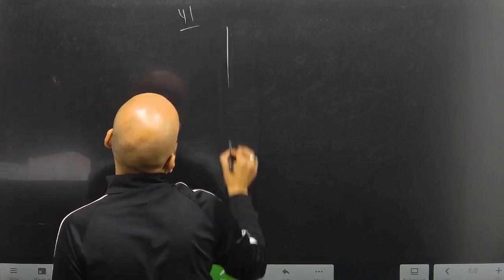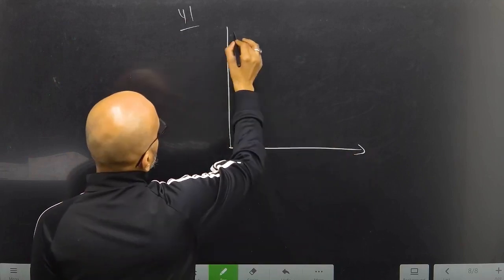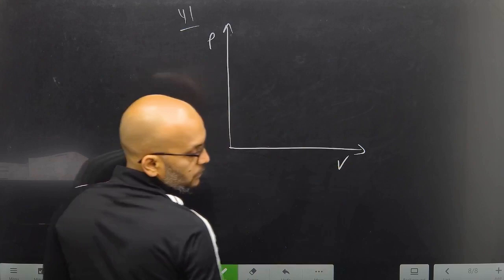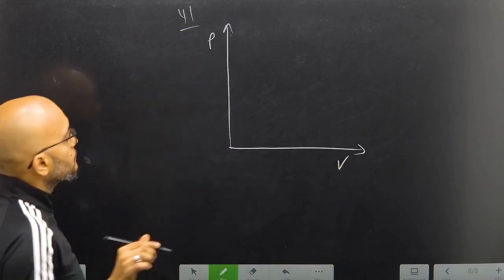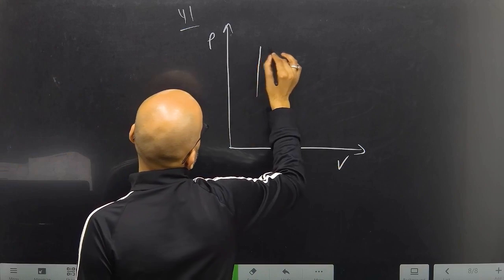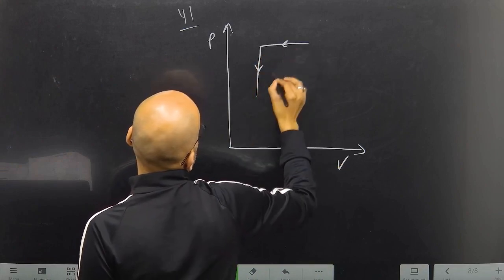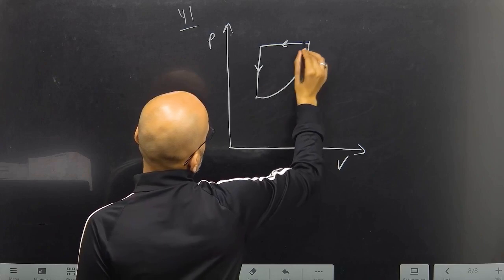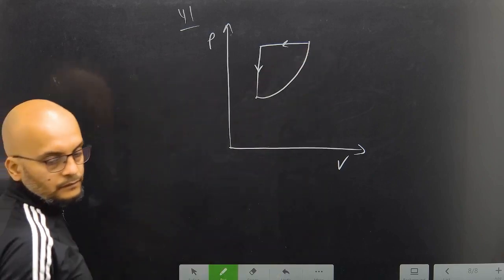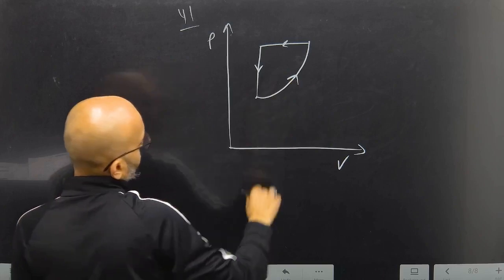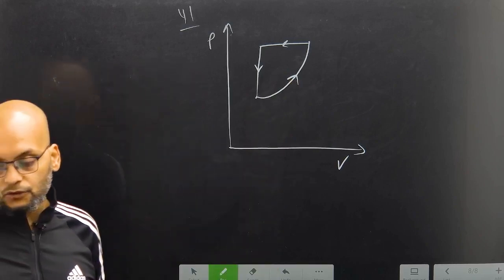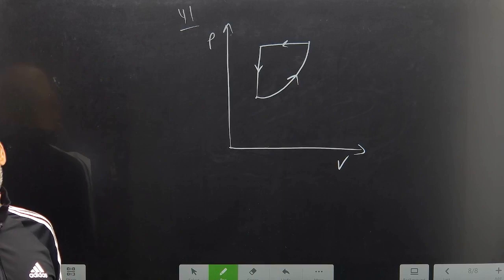Now a graph is represented in front of us, a PV diagram. So I am going to draw it. For one complete cycle, they are asking you to select the option.